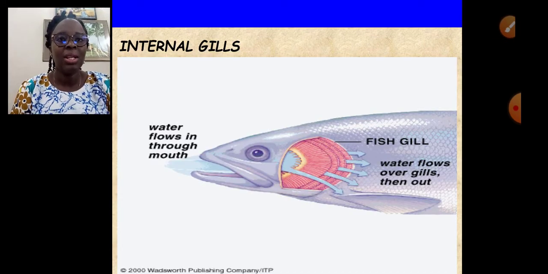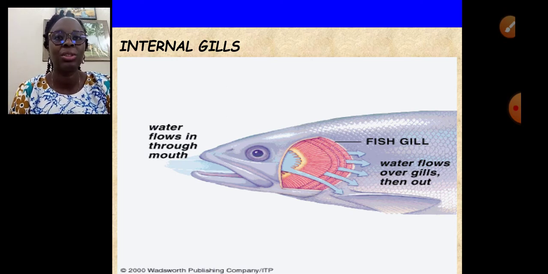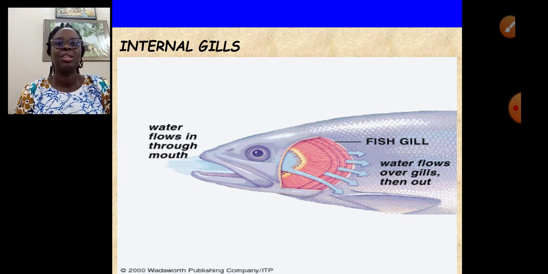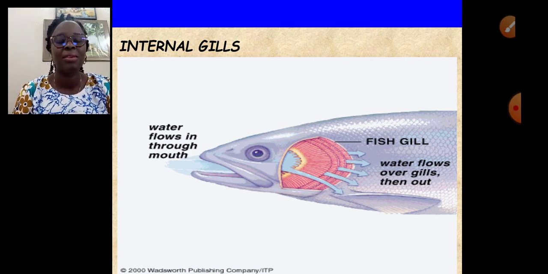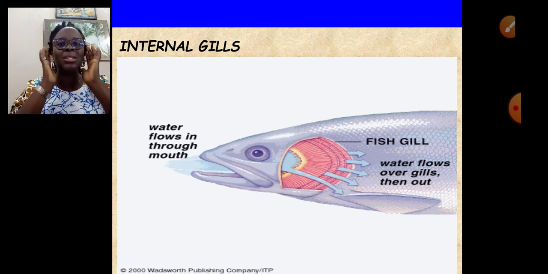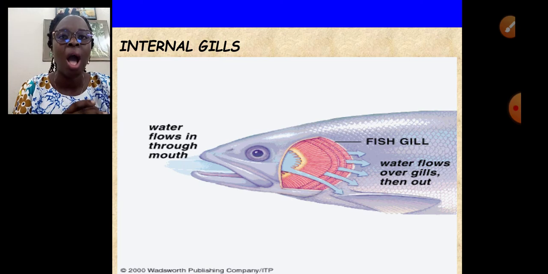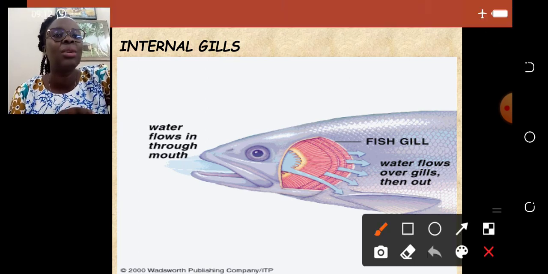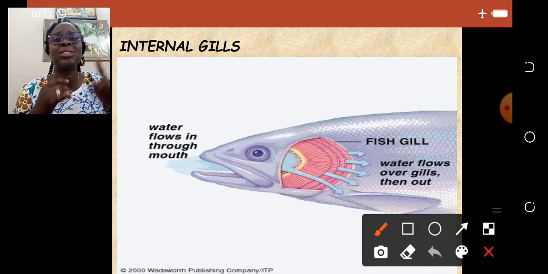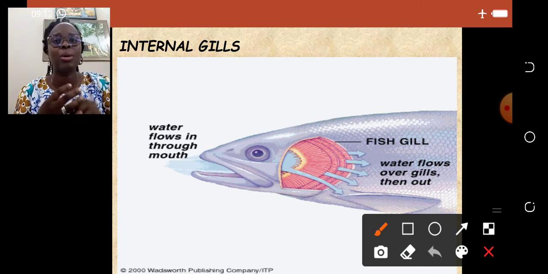All right, let's move on by looking at mechanism of respiration in fishes. Your fish makes use of its gills for respiration. And how does it do it? The fish opens its mouth, as you can see in the picture. Then water flows in. Don't forget that this water is carrying oxygen.